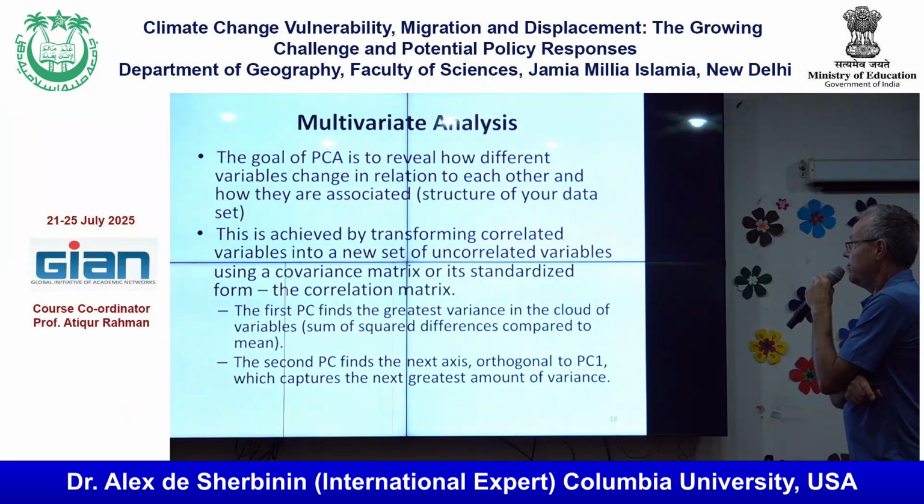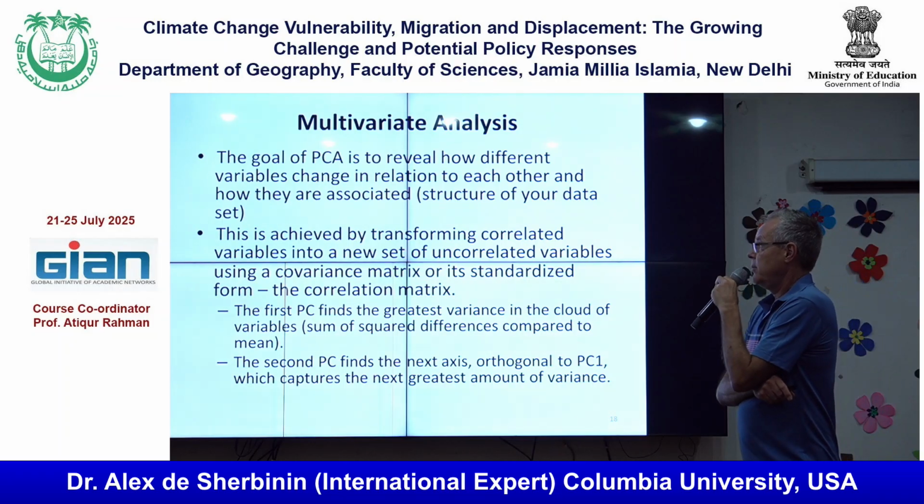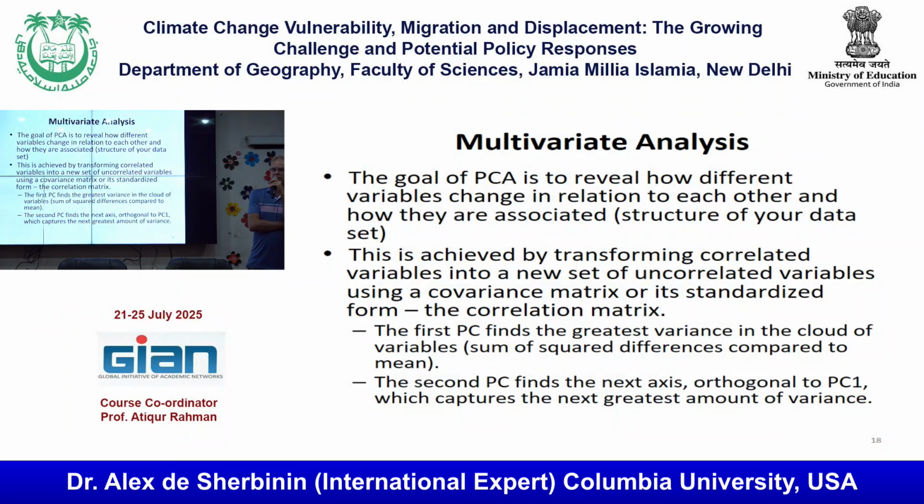Finally, one very useful approach that we talked a little bit about yesterday is principal components analysis. And here we want to reveal how the different variables change in relation to one another. Are they correlated highly?